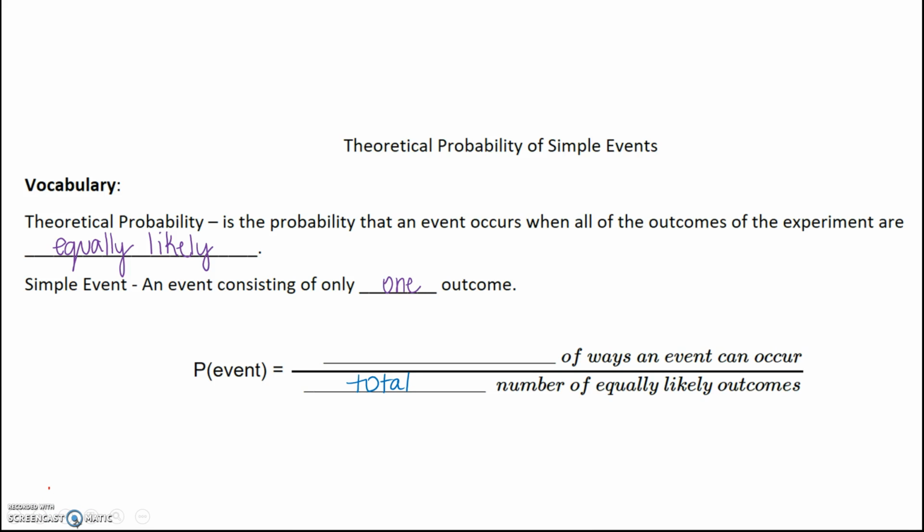And then on the top is going to be the number of ways an event can occur. Okay, so that's how we find the theoretical probability of an event. We always write it as a ratio, and you always need to simplify it.